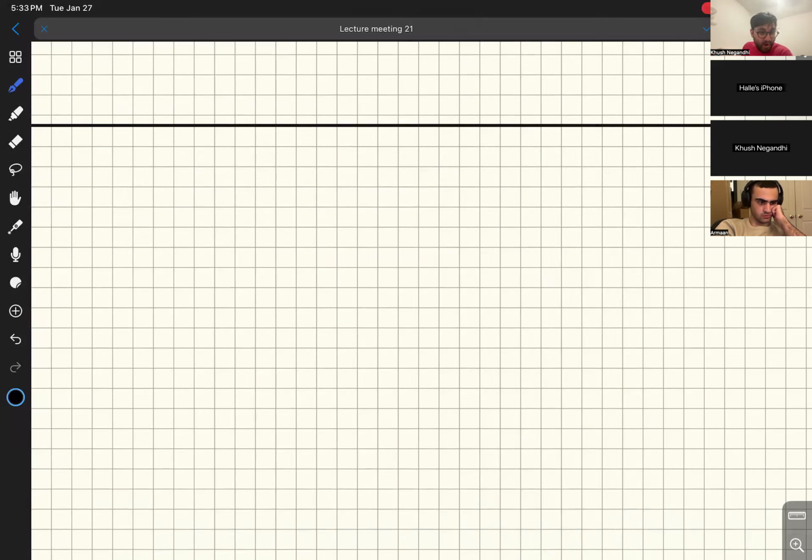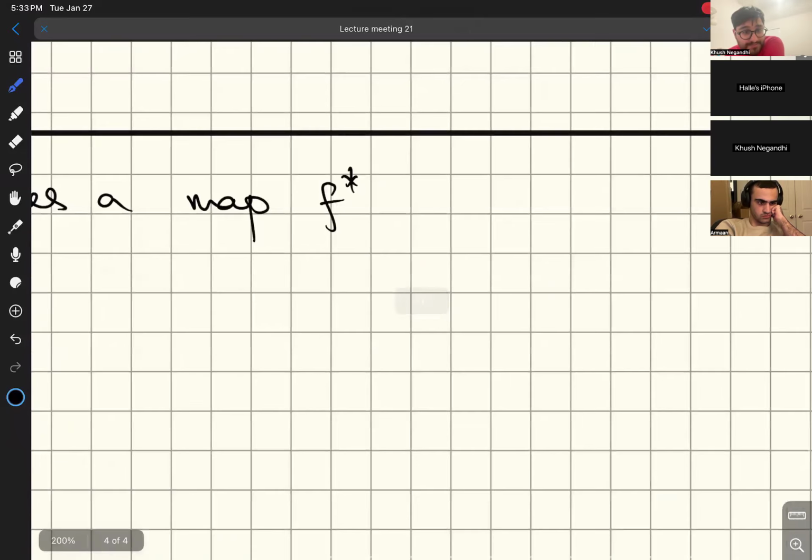But one final thing that I want to mention is that in problem sheet one, you saw that if I take some linear function between vector spaces, this induces a map F star on the tensor product of the dual spaces.